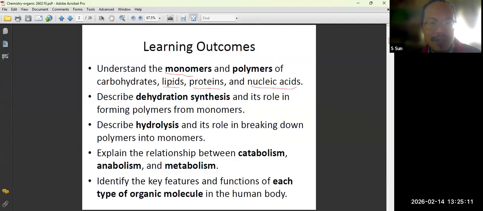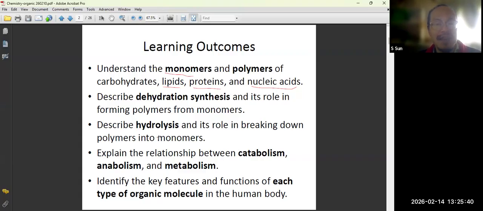And carbohydrate, lipid, protein, and nucleic acids are polymers. We know they're monomers. Monomers connect together and you form a polymer. And the formation of the polymer is through dehydration synthesis. Breaking it down is called hydrolysis.